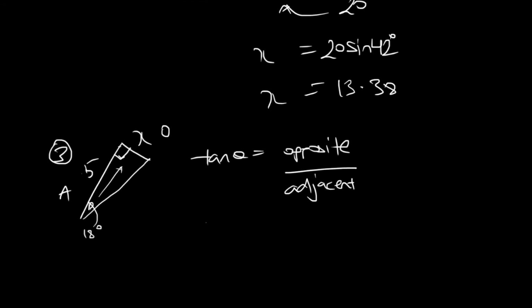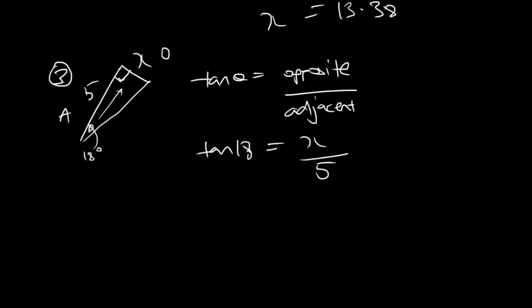Okay, now the angle that I'm given is 18 degrees, so I have tan 18 is equal to x over 5, so opposite, this side, over adjacent, 5. Again, I need to multiply this across, and I have that x is equal to 5 tan 18.